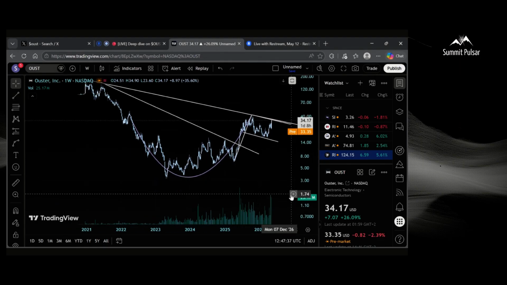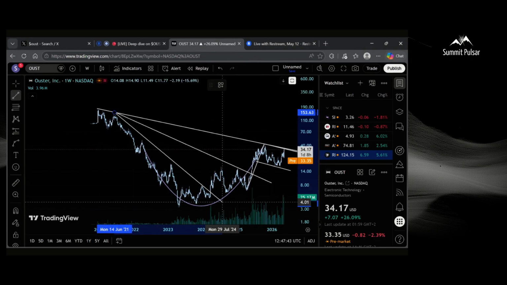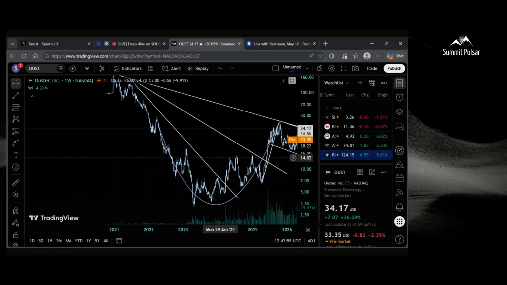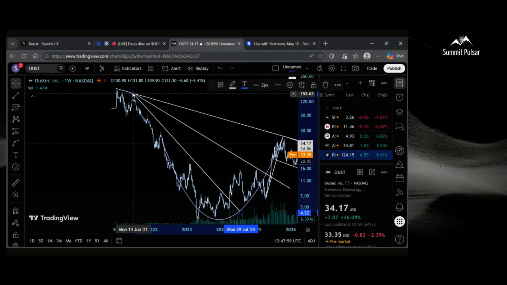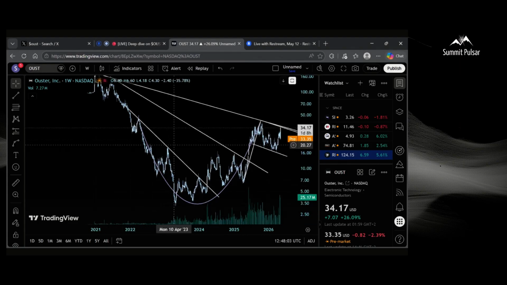We can also see a similar thing happening from the high point at 150 here as well. It doesn't really matter where you draw the resistance line. If you drew a resistance line right here, or even here for that matter, you could also see this as a resistance line.